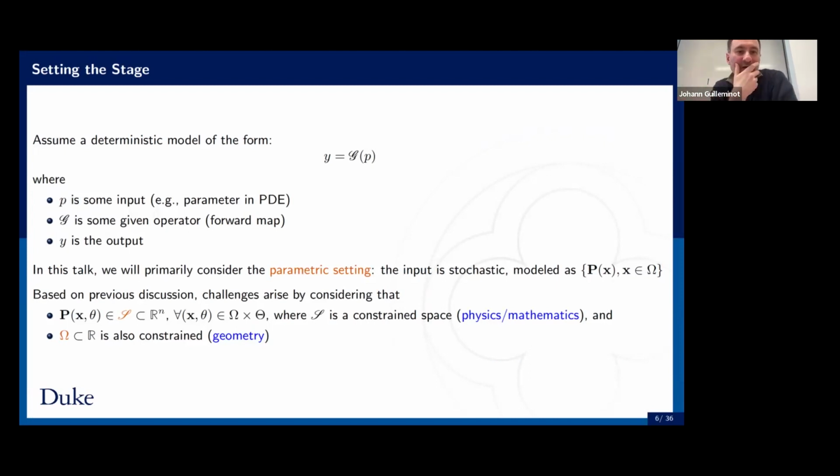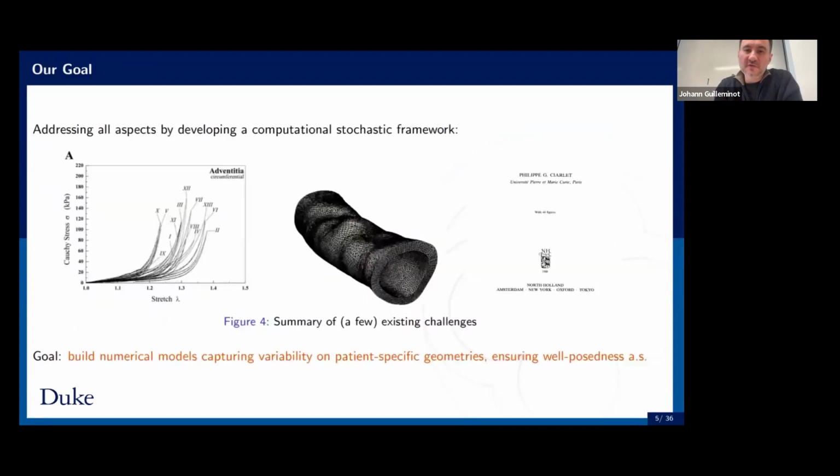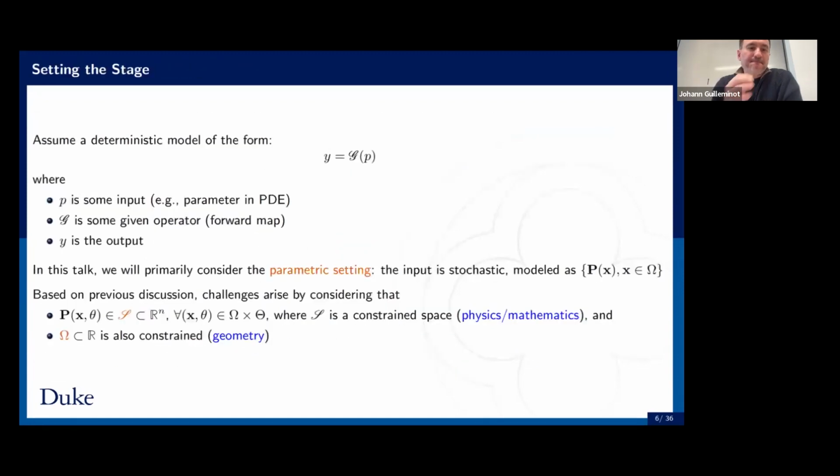And Y is the output. In this presentation, I'm going to focus on the parametric setting, the case where the input P is stochastic. And this is justified by the fact that I will have to deal with physical properties which are highly stochastic by nature.